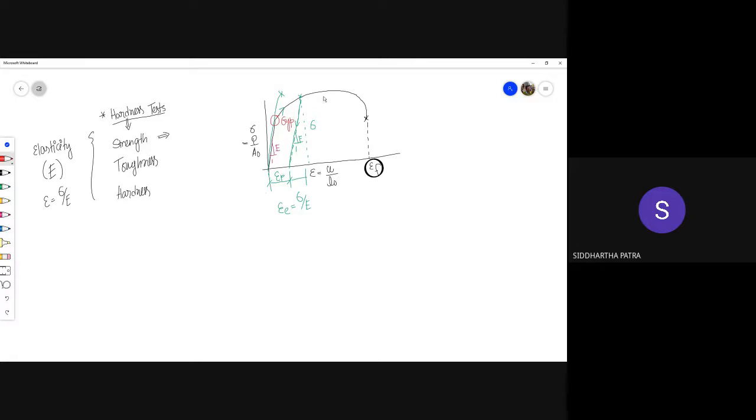And then of course there is a stress at which the material fractures, but that stress is not the maximum stress in the stress strain diagram. The maximum stress in the stress strain diagram is the maximum load bearing capacity of the material, and that is called the ultimate tensile strength.